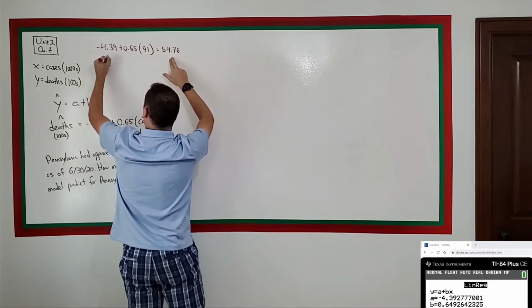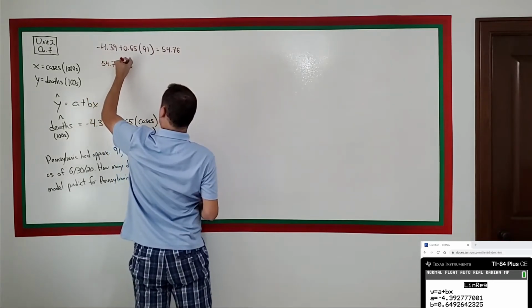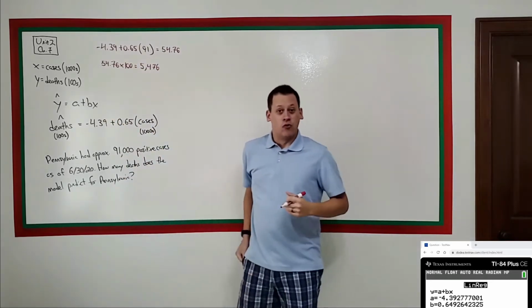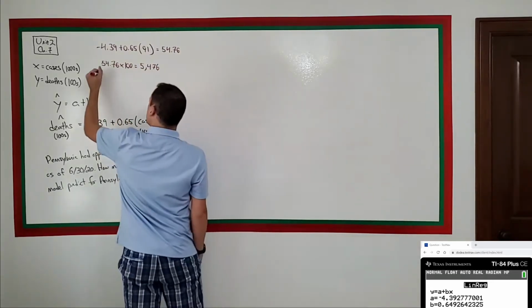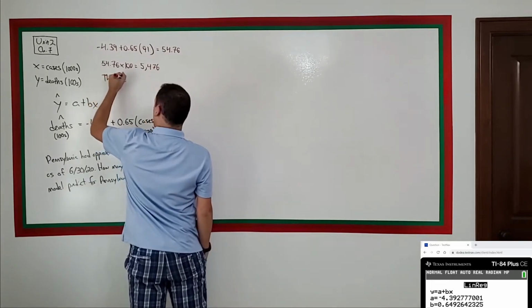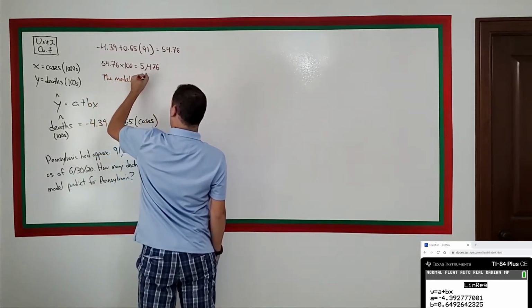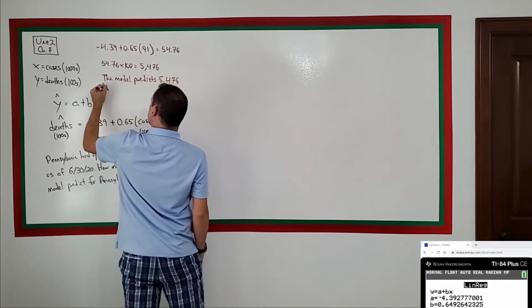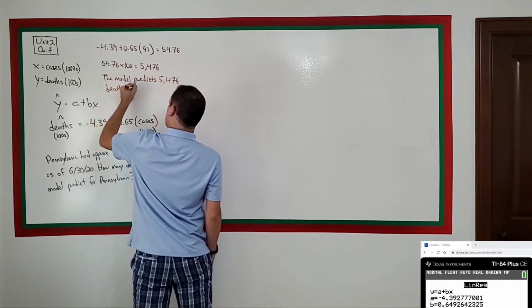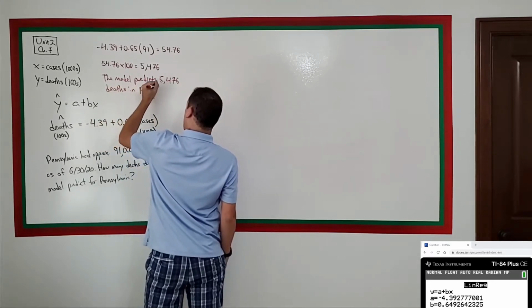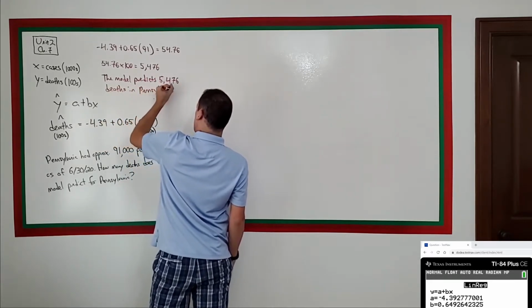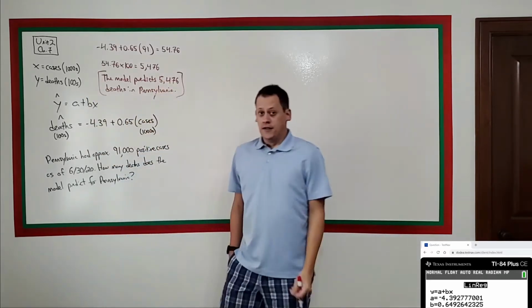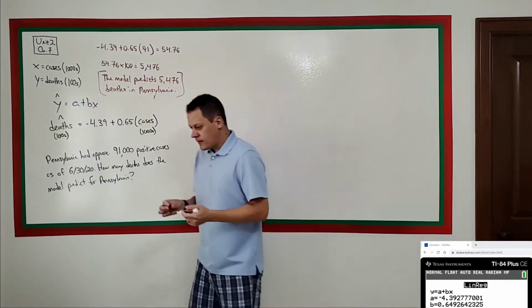So 54.76 times 100 is actually 5,476. So the model predicts 5,476 deaths in Pennsylvania.